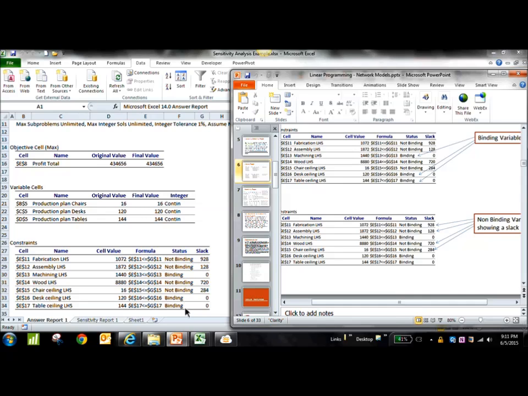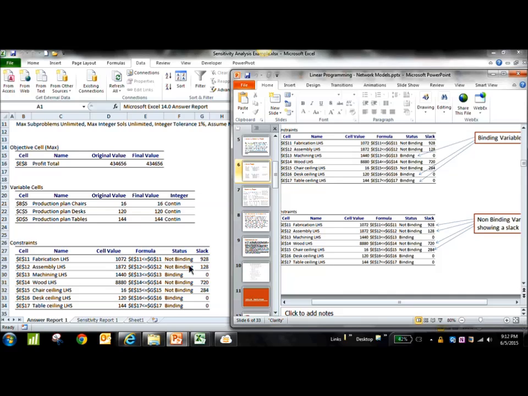We have 3 binding variables. And what we mean by these binding variables, as you can see here, machining, desk ceiling, and table ceiling. These are limiting the optimum solution, or the profit in this case, from going any higher. And what we see here is a 0 next to the word binding, meaning that there's 0 slack.